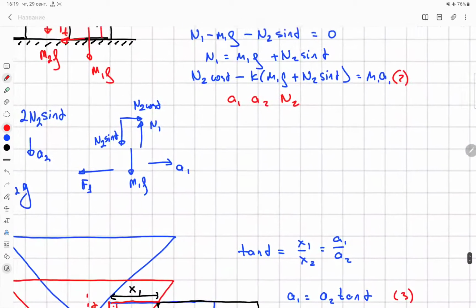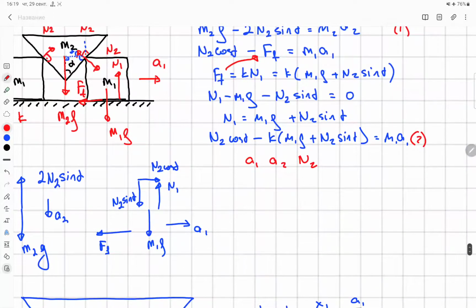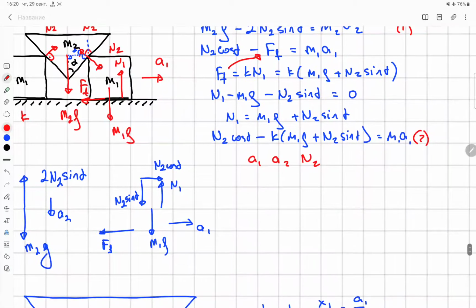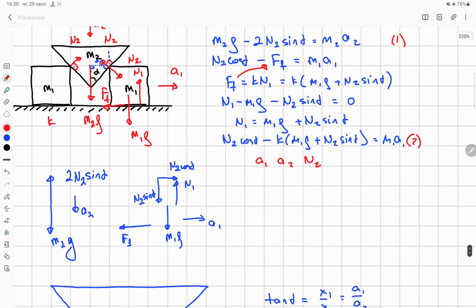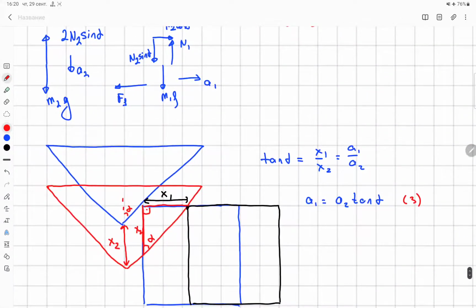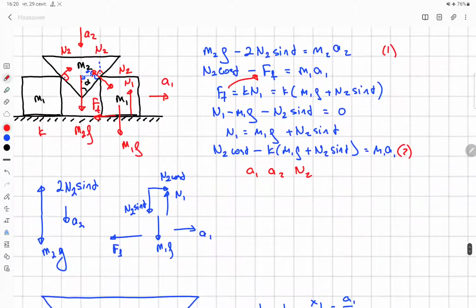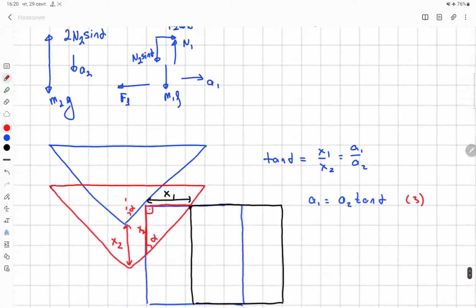And we have 2 more equations here. Now we have 3 equations and 3 unknowns, so now we can solve this problem. Further is totally math. At this point we finished all the physics part.